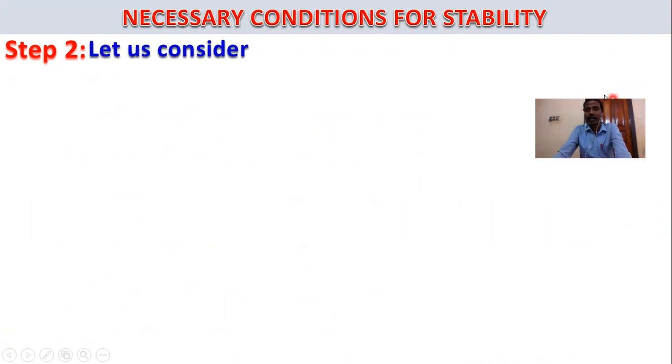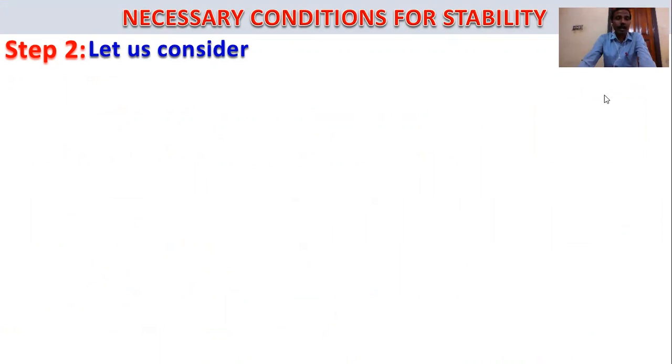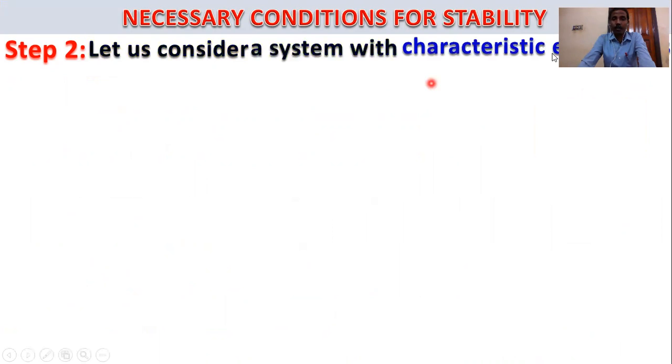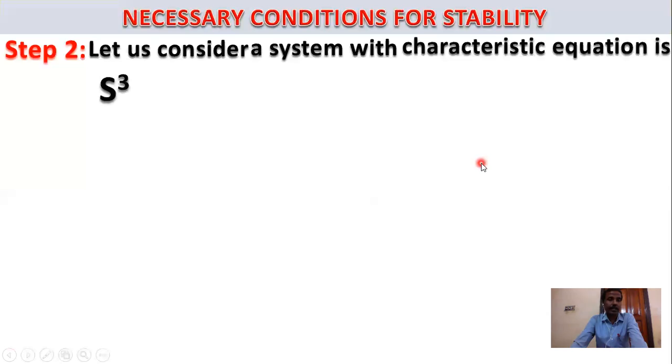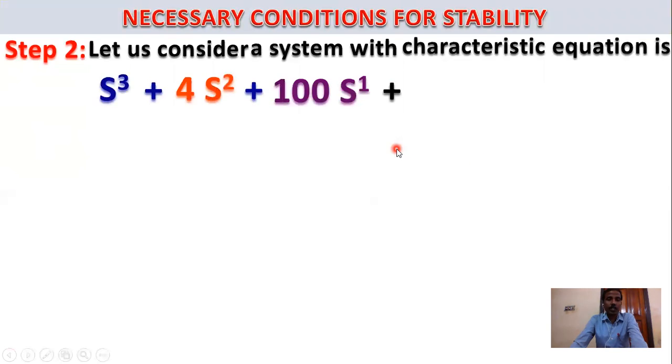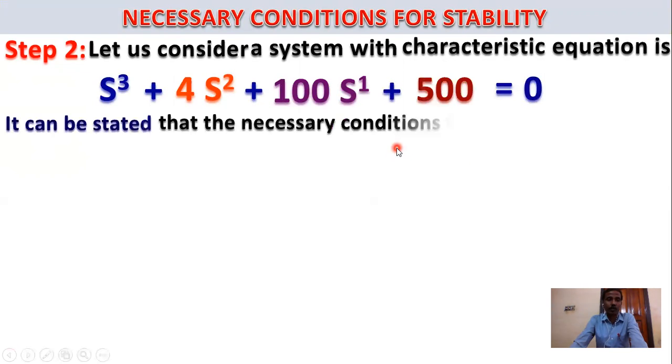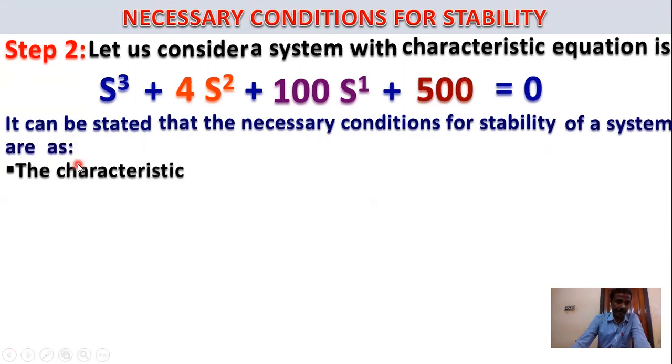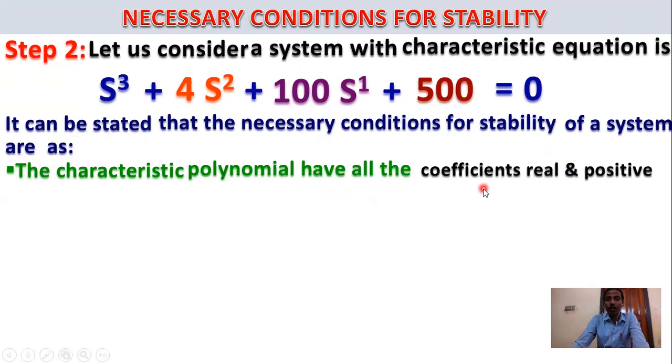What is the necessary condition? Let us consider a system with characteristics equation s cube plus 4s square plus 100s plus 500 equals to 0. It can be stated that the necessary conditions for stability of a system are as the characteristics polynomial have all the coefficients real and positives.